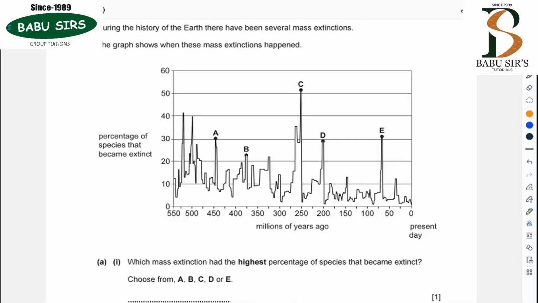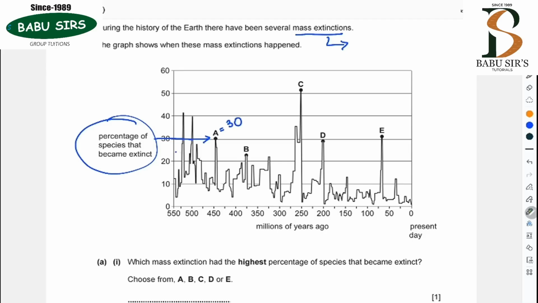Now you can see question number 5. During the history of the earth, there have been several mass extinctions. That means many of the animals must have died. There is a graph showing how many extinctions have happened. For A, the extinction is around 30.